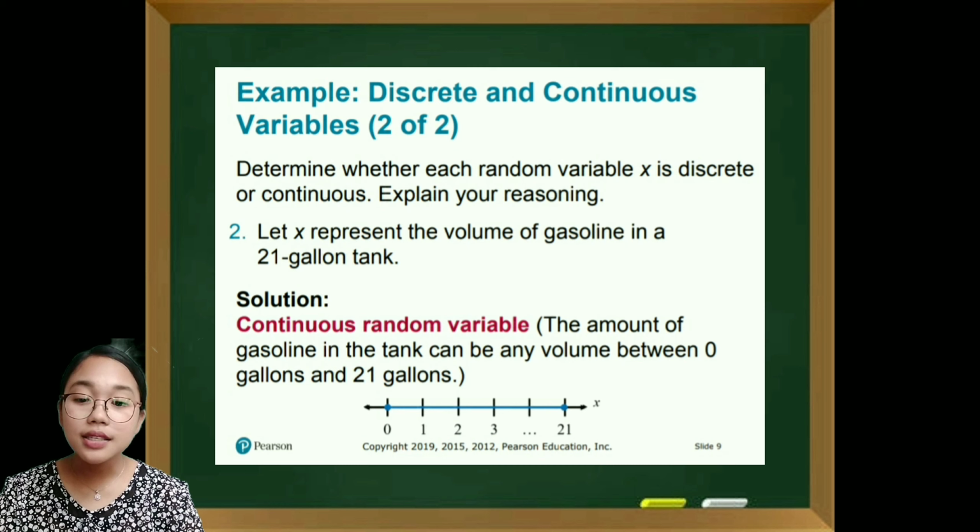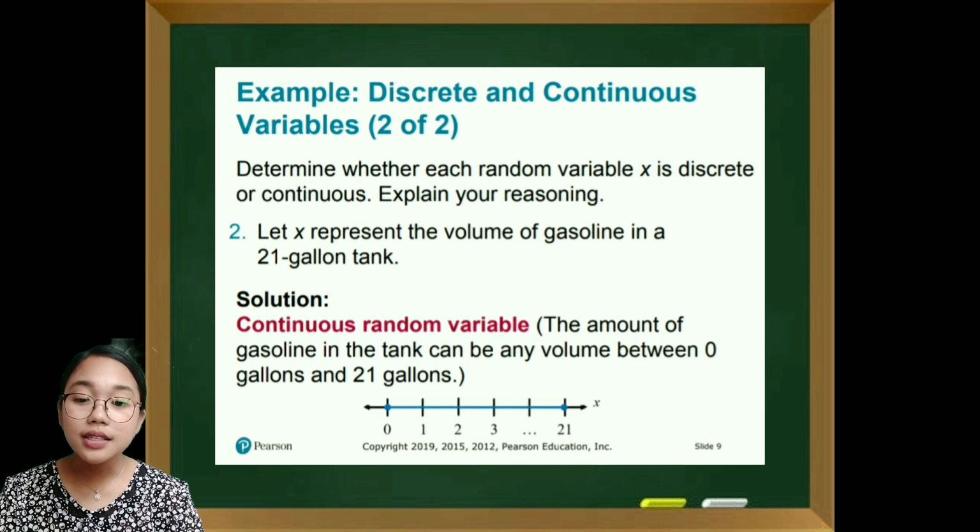Okay, let's move on to the second type of random variable, which is the continuous random variable. It has an uncountable number of possible outcomes represented by an interval on the number line. So this is completely the opposite of a discrete random variable. Example: hours spent on sales calls in one day.